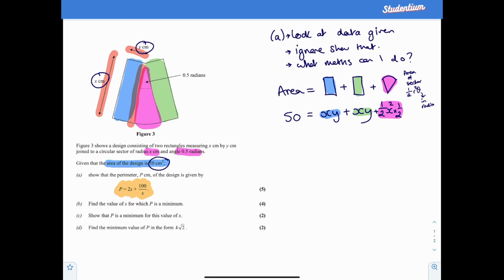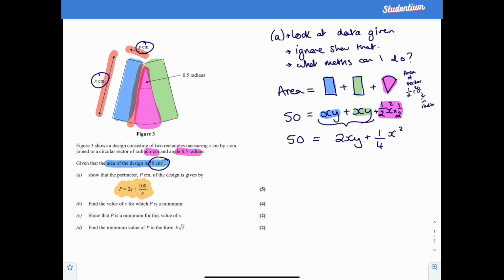So we've got a little equality. What I would recommend now is that we tidy this up. xy plus xy gives us 2xy. And then a half x squared times another half gives us 1/4 x squared, or you could call that x squared over 4. And that is equal to the 50 that we've got there.